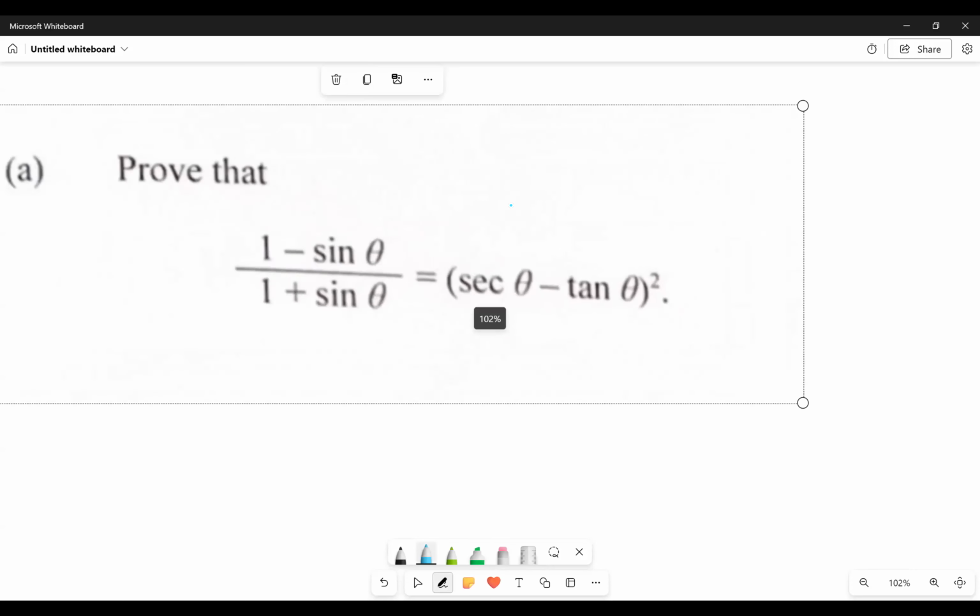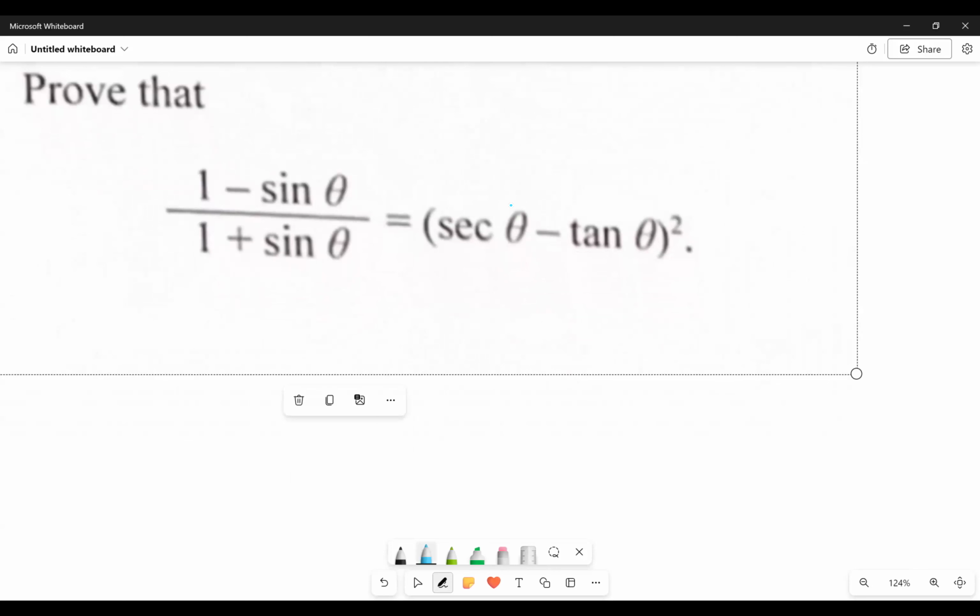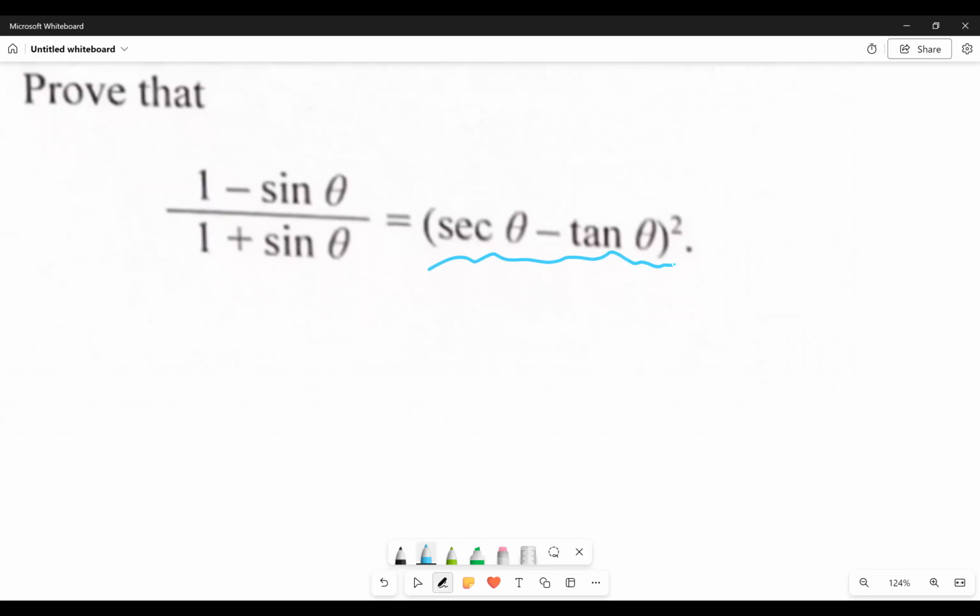The first step is that you should start with the side that has the most things on it, or at least the things that can expand the most. In this case, it's the right-hand side. My teacher forced me to use the left-hand side. So even in this case, I'd use the left-hand side and turn it into the right-hand side. However, you don't have to do that. So we're going to use the right-hand side and prove it.